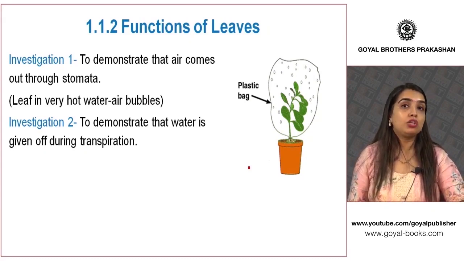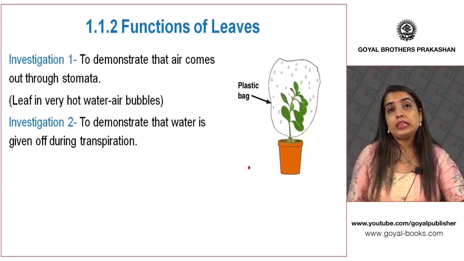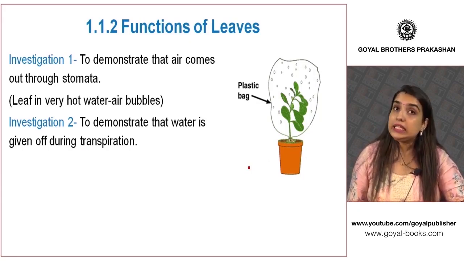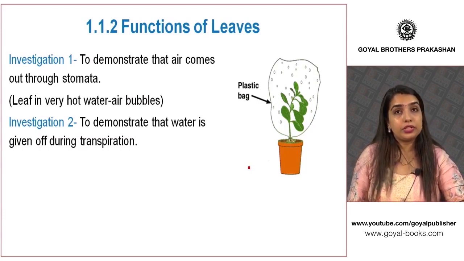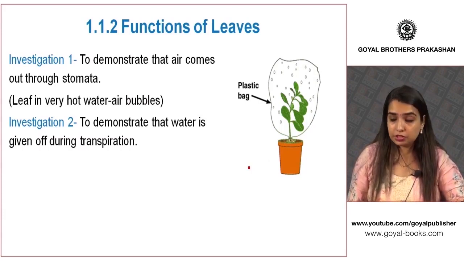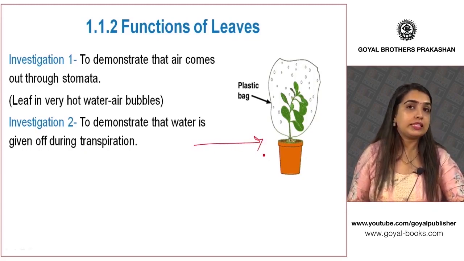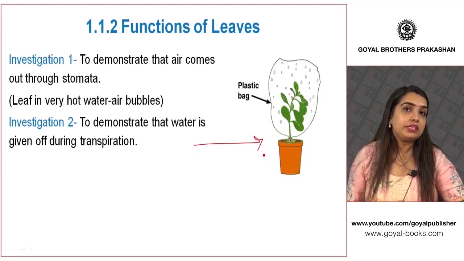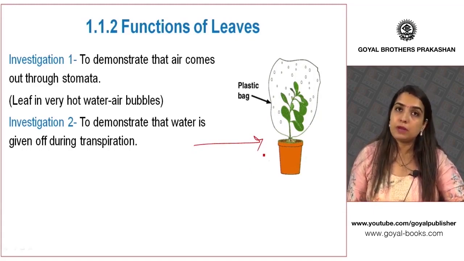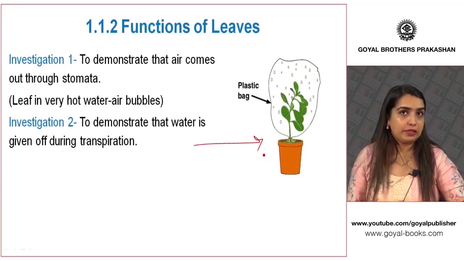Now let's move on to second investigation, which is to check that water does indeed come out or is given off during the process of transpiration. We have a picture here for this experiment. For this experiment, you would require a recently watered potted plant and a plastic bag.